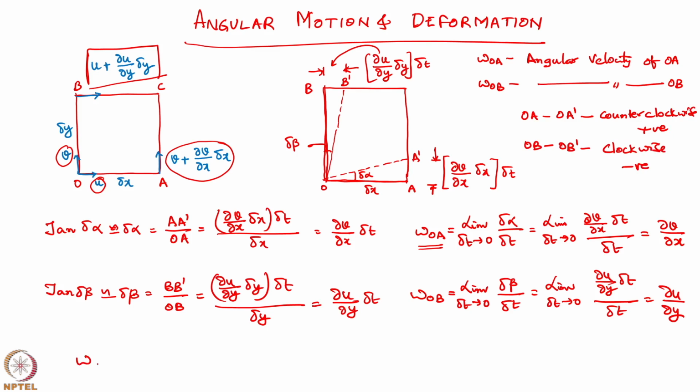So, omega z can be considered as the average, because it is a very small rotation and a small angle has changed, so I can take the average, assuming it is varying linearly. So, omega z is equal to half of omega OA plus omega OB. That means I get this as half of ∂v/∂x minus ∂u/∂y. So, this is omega z.